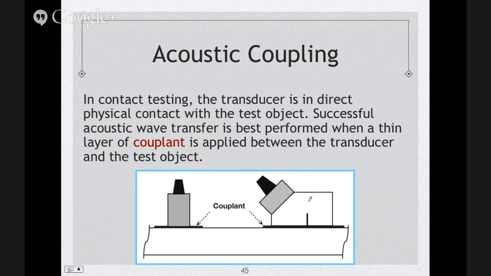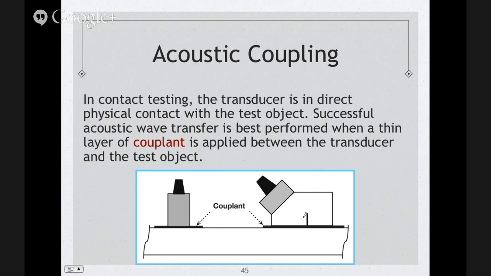So, acoustic coupling. In contact testing, we know this is contact testing because even though here our transducer is touching the part, and here, even though our transducer has a wedge, it's still touching our part. In contact testing, the transducer is in direct physical contact with the test object. Successful acoustic wave transfer is best performed when a thin layer of coupling is applied between the transducer and the test object.